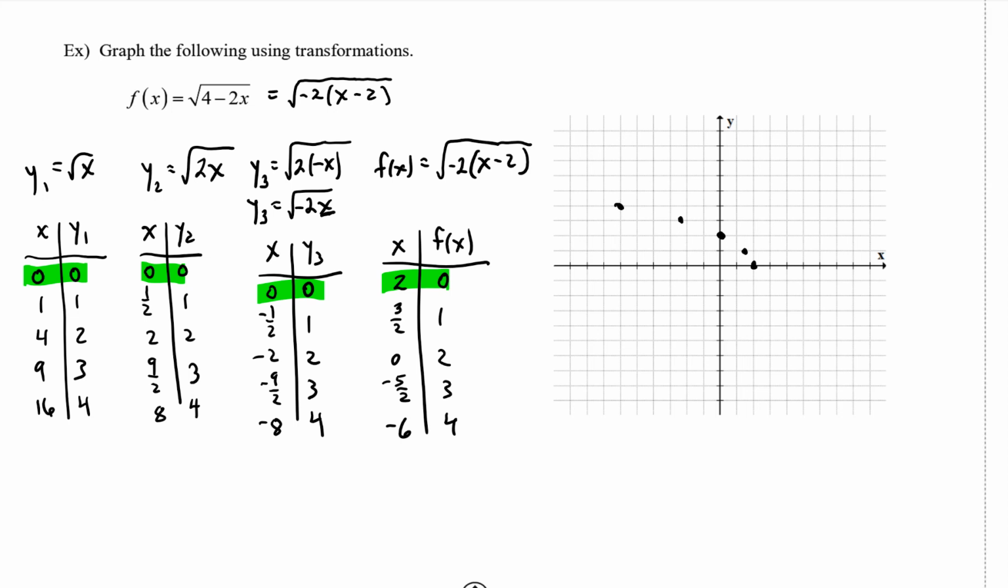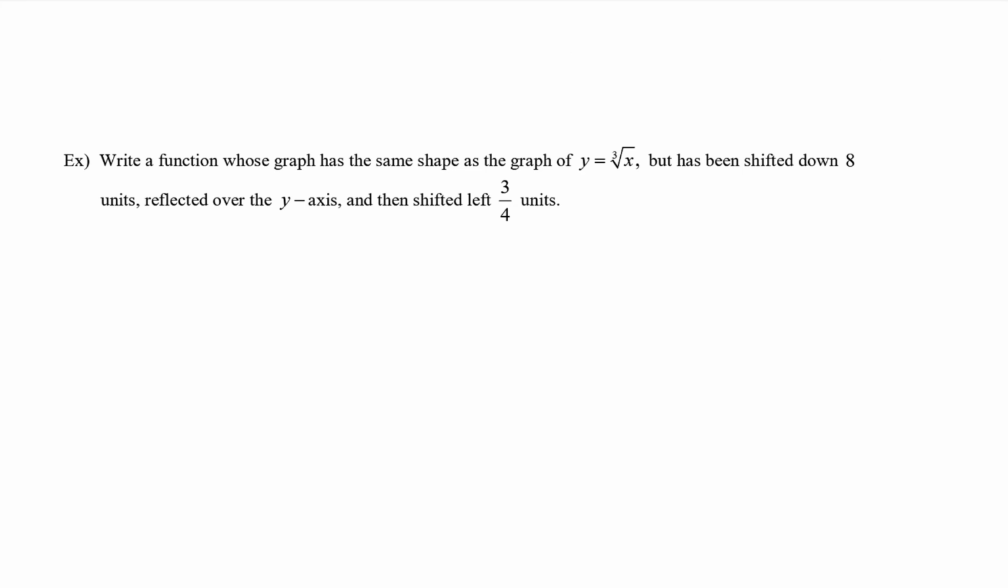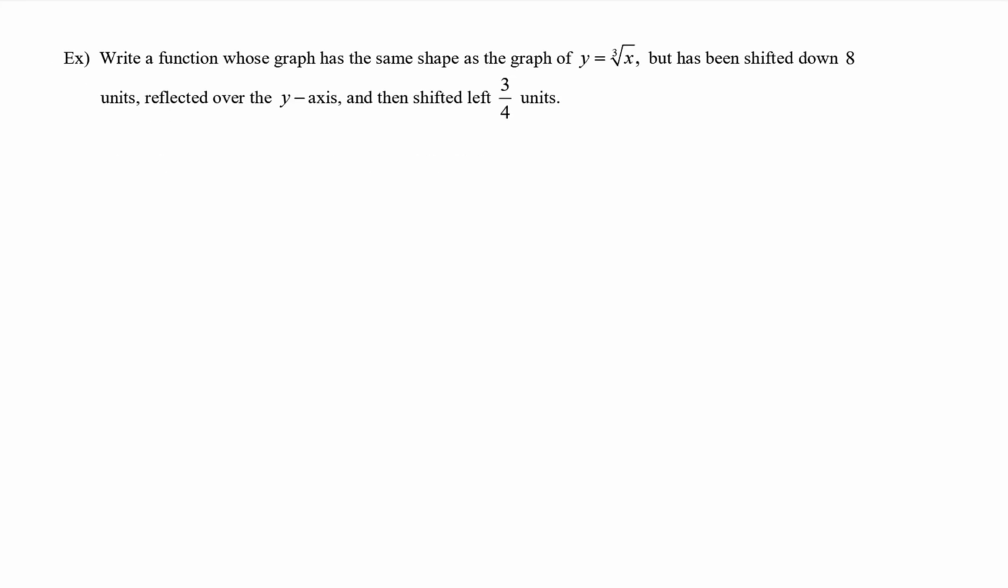But remember, this is my endpoint, so it's going to extend this way. So it's still the same shape as a square root, principal square root function. But remember, it got flipped over the y-axis, so it's headed to the left. It normally heads to the right, but this one's headed to the left because it got flipped over the y-axis.